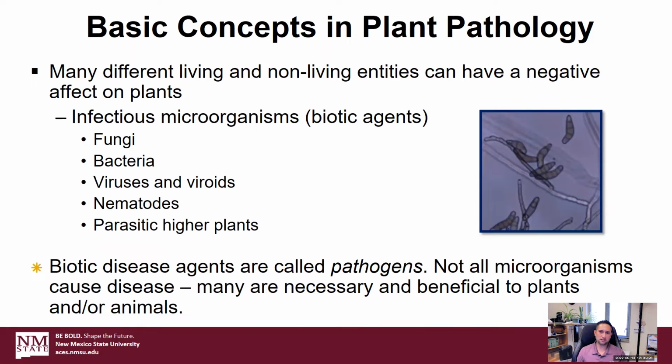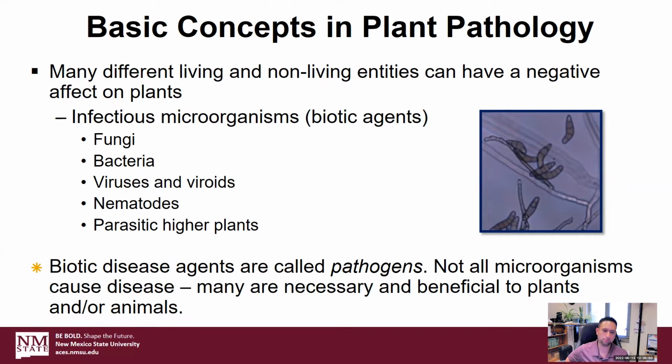So again, back to this basic concept in plant pathology between those living and non-living entities that can have a negative effect on plants. Some of those biotic agents can be fungi, bacteria, viruses and viroids, and parasitic higher plants.